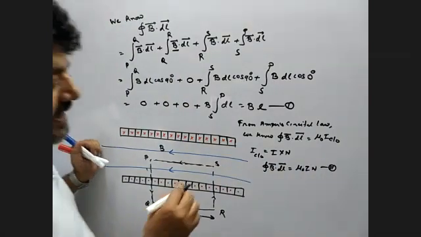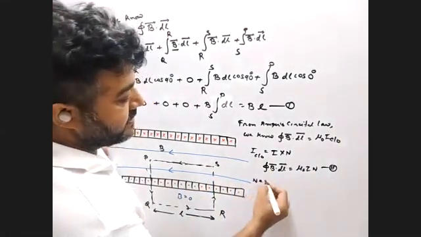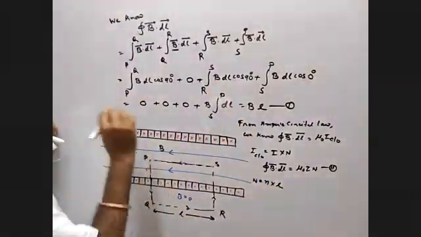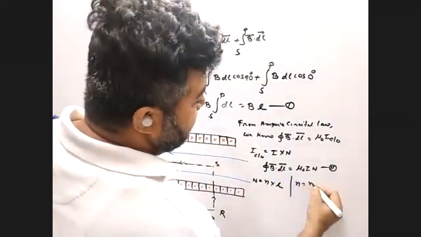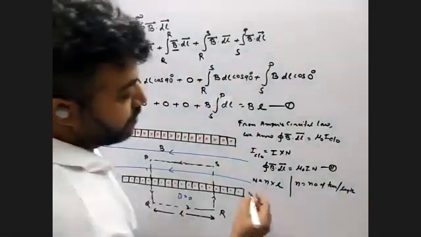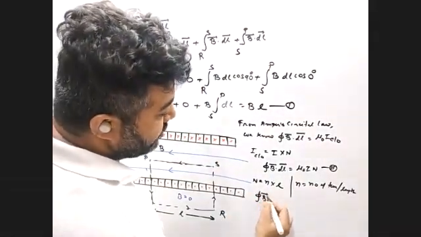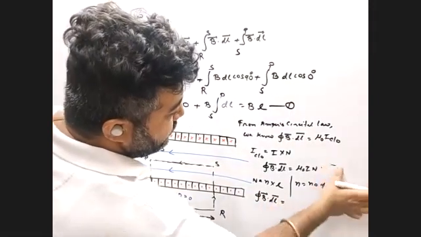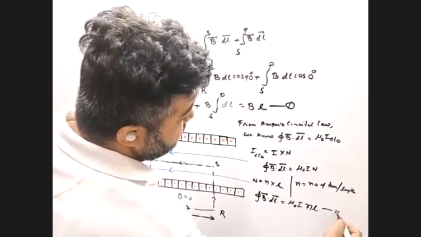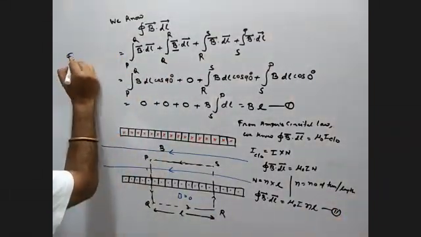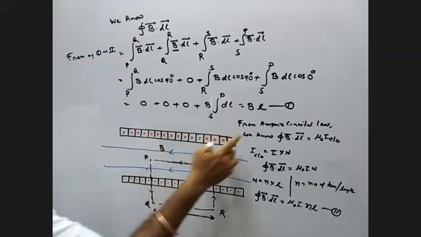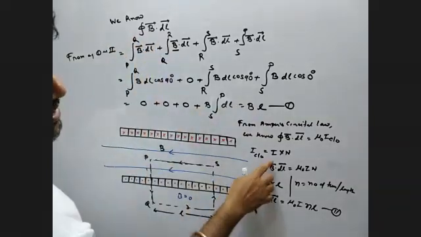And this n is the number of turns per unit length, into length. Where n is the number of turns per unit length. So my B dot dl is mu naught I n L, equation number 2. Now from equation 1 and 2, that is also B dot dl.